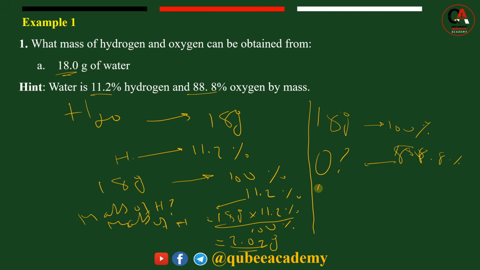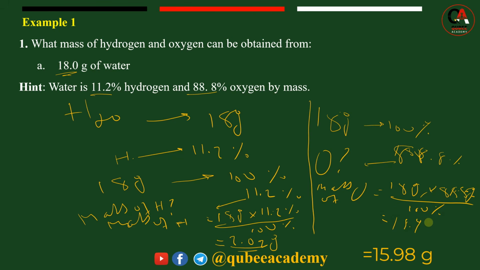The mass of oxygen is equal to 18 grams times 88.8% divided by the total percent, which is 100%, which is equal to 15.98 grams. In this way we convert the percentage given to us back into mass.